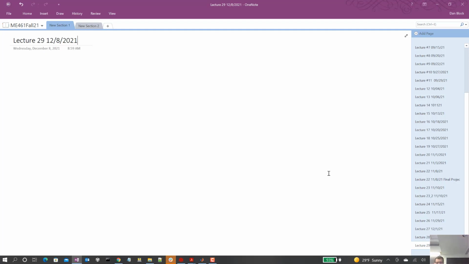Our position X, we're going to call this X prediction. X prediction at step K equals X prediction at the previous step, K minus 1, minus time times velocity.